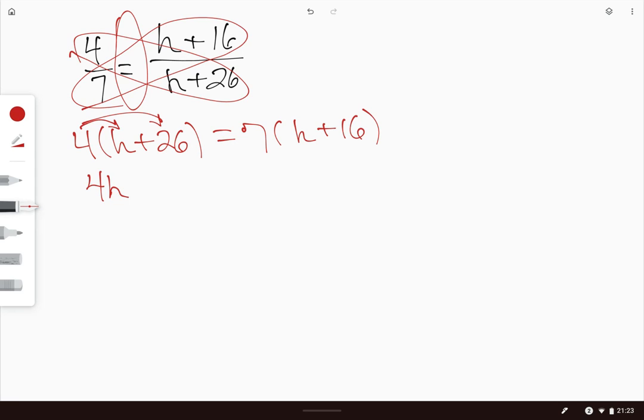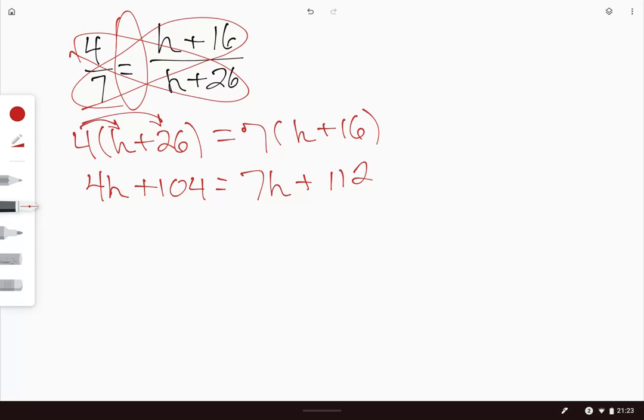So 26 times 4 equals 104, and then 16 times 7 equals 112. So now I do the same thing. It's just an equation with the variable on both sides.